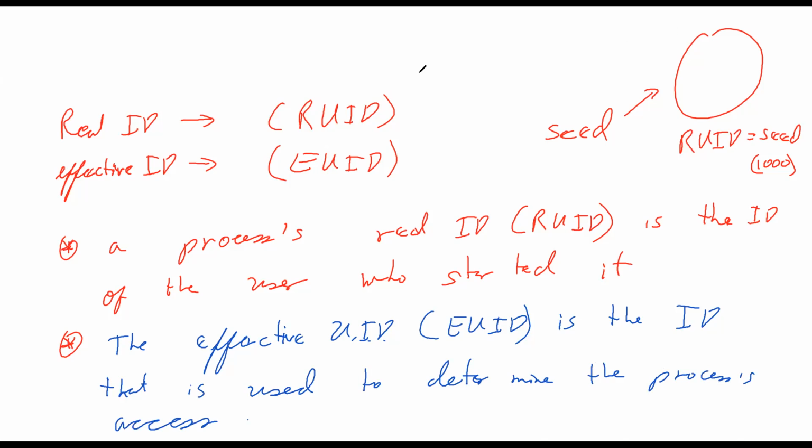So that means that over here, you're also going to have an effective user ID. Now, usually this should be the same, right? So you would think you would want them to be the same. However, there could be situations where something like this could happen. Can you imagine that? Your real ID is seed, but your effective ID, which is by definition the ID that is used to determine the access, right?